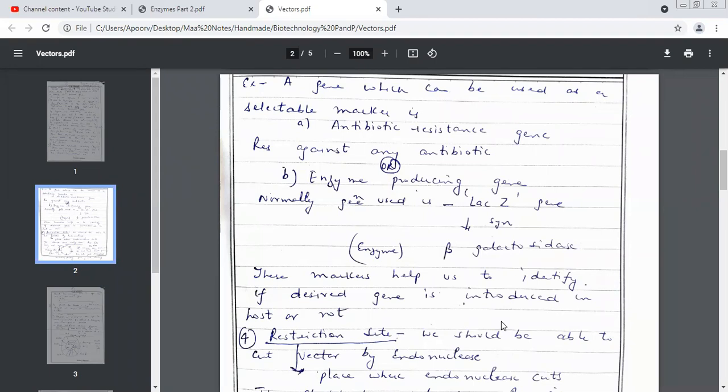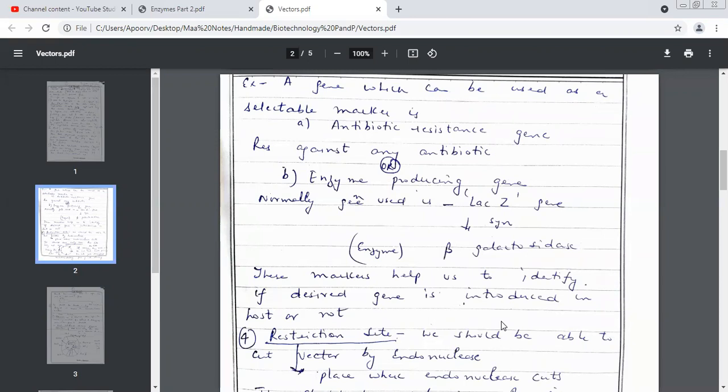Markers. Okay children, how will we check whether we can insert a gene? A very simple way. You take an antibiotic resistant gene and you introduce it into the host body. If the host becomes resistant to antibiotic, that means your host is able to take the foreign gene. Another example is you can insert a gene which produces an enzyme.